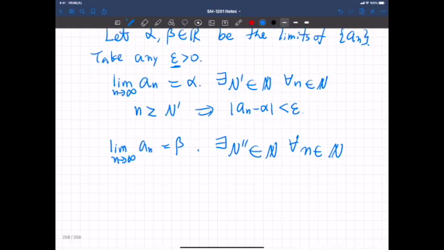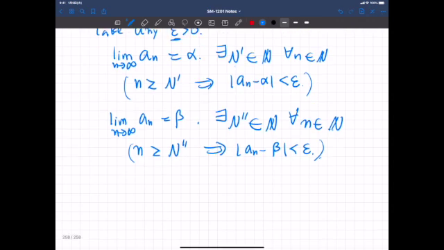And if lowercase n is greater than n double prime, then |a_n minus beta| is less than epsilon.